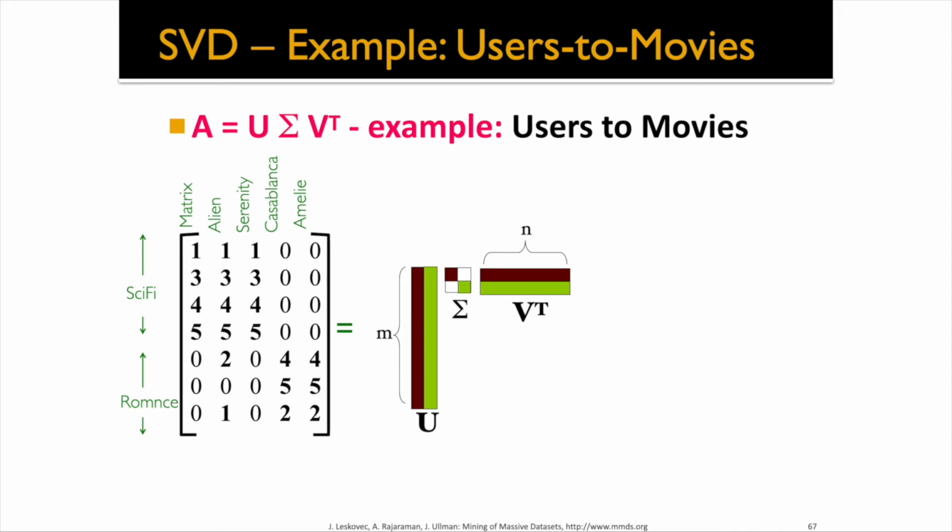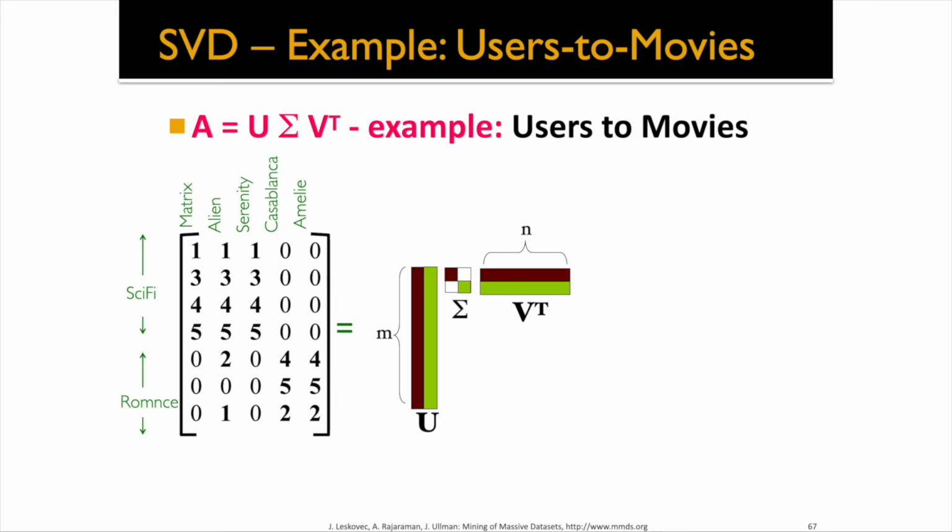It could be politicians and domains that they've shared, or people and the product categories or products they've purchased from Amazon. All kinds of representations here. So we'll ground this in this user to movies example. So we have this matrix A of users and the movies they've watched and how many times they've watched them.